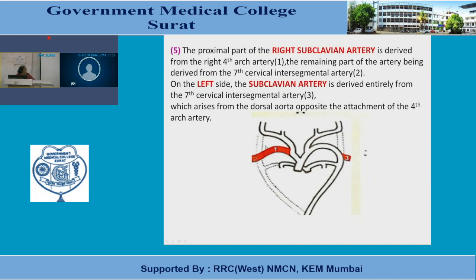On both sides you can see the subclavian artery. The right is from the proximal part, the fourth arch artery we have discussed, and the remaining from the seventh cervical intersegmental artery. But the left subclavian is derived entirely from the seventh cervical intersegmental artery.